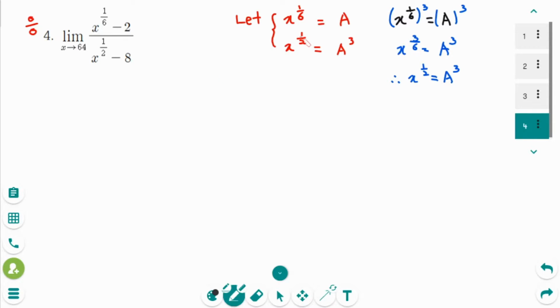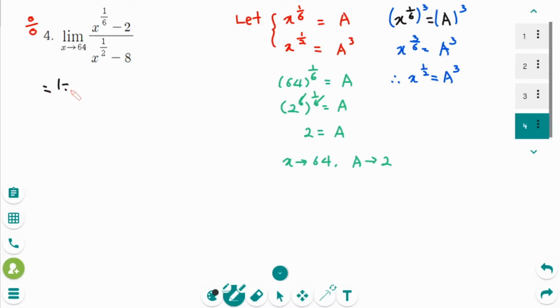When you put 64 into x, this one is 2 to the power of 6. So cancel out. So finally 2 equals a. Therefore x approaching 64 is the same as a approaching 2.